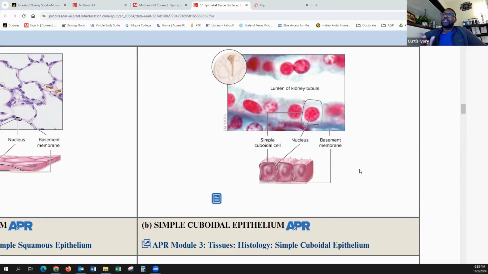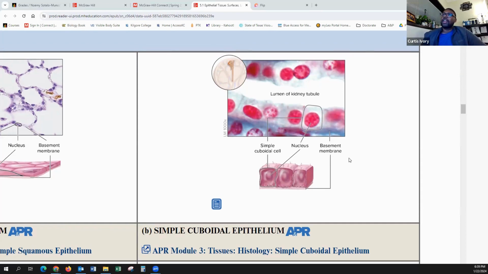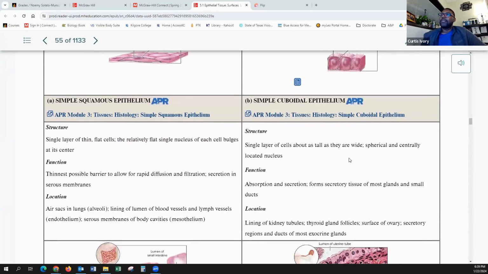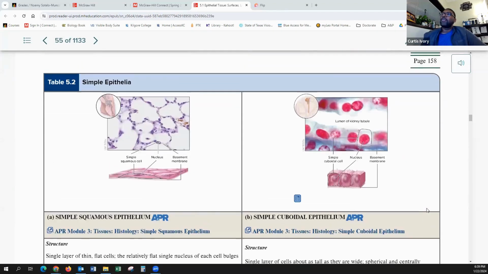That is their function, which gives us a good definition of what that looks like underneath here. So its function is to absorb and for secretion. You're going to find this in the lining of the kidneys, thyroid, surface of the ovaries, and some of the exocrine glands. So remember, cuboidal is for secretion.